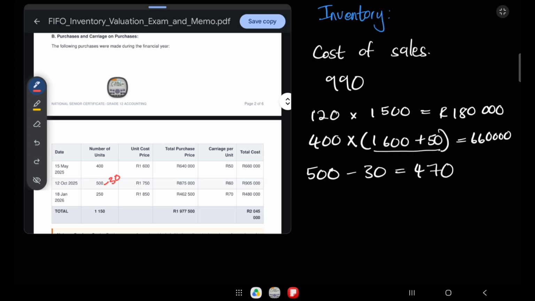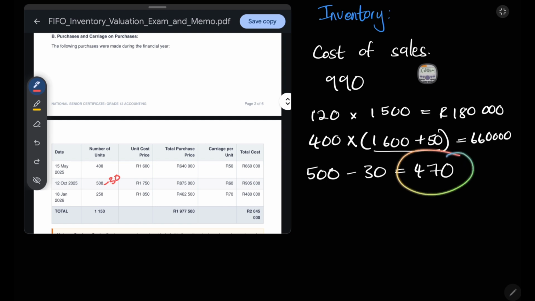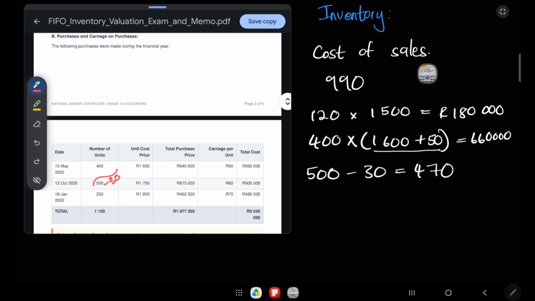So this 470 will take out the entire 12th of October 2025 batch. I hope that this makes sense.